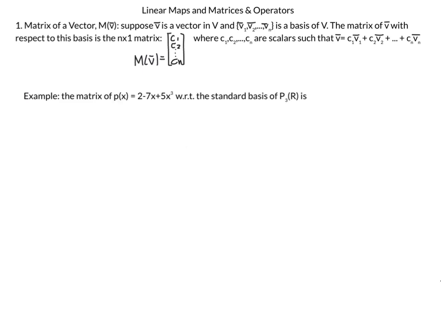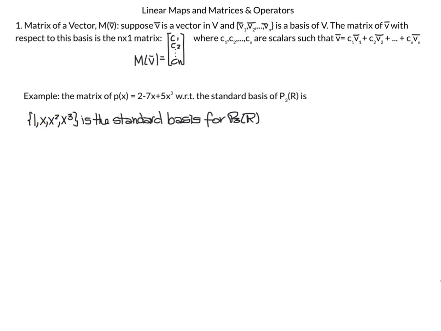So Rn should be fairly obvious to us, but now we want to figure out the coordinate vector for a polynomial. So we're in the space P3, polynomials of degree 3 or less. We want to find the matrix of this vector. We start by identifying our basis for P3, which is 1, x, x squared, and x cubed.